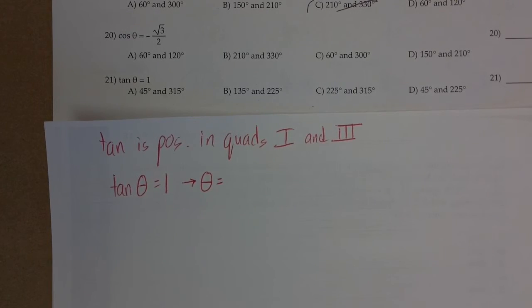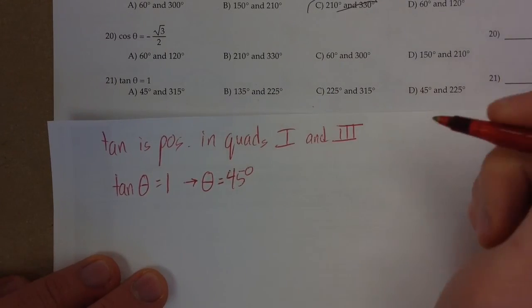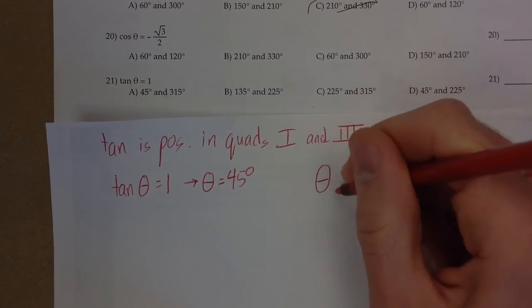I think it's 30. The tangent of 30 is 1 over root 3. So try again. Tangent, opposite over adjacent. When is the ratio of opposite to adjacent going to be 1 to 1? 45. There you go. Okay? And Celine, the first answer is obvious because it's quad 1.